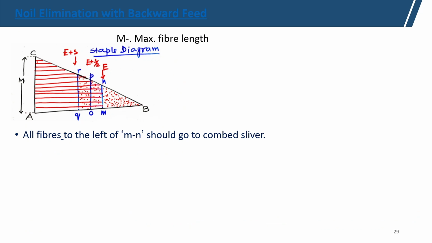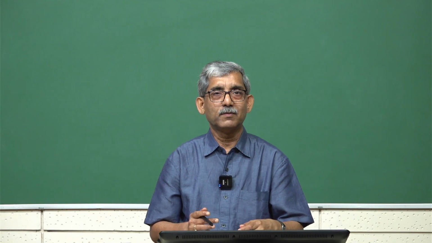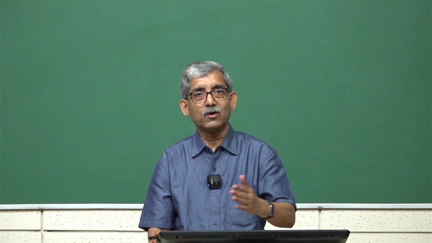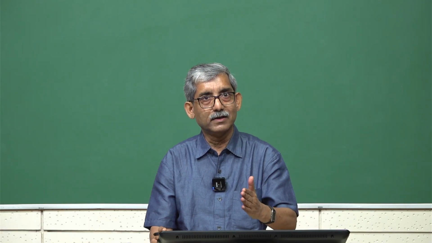So anything less than E, that means the triangle MNB, will go to the comber noil because it will be restricted by the top comb, but fibers longer than Mn will go to the comber sliver. So fibers on the left side of the Mn line are assumed to be going to the comber sliver.